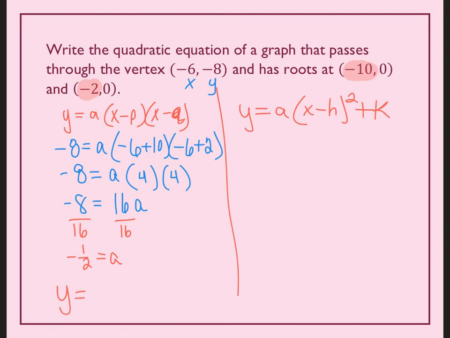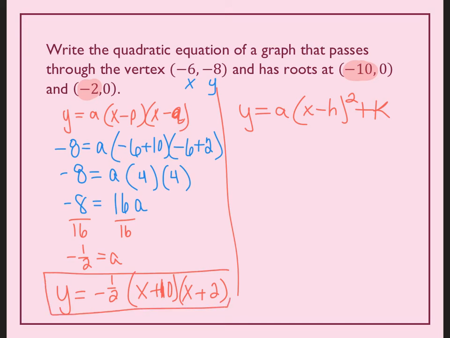So my equation in intercept form is y equals negative 1/2, x plus 10, x plus 2. Minus a negative 2 becomes x plus 2. So this is my equation in intercept form. But because I already solved for a, guess what I get to do over here? I don't have to solve for a again.